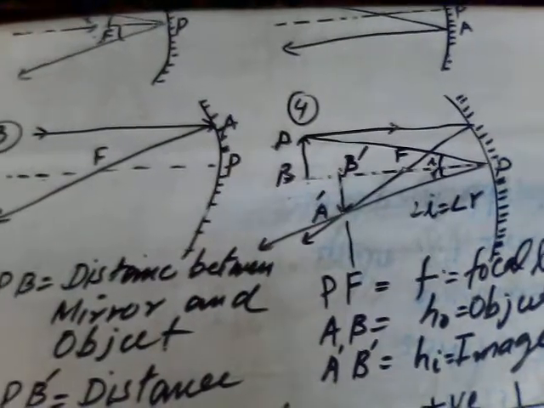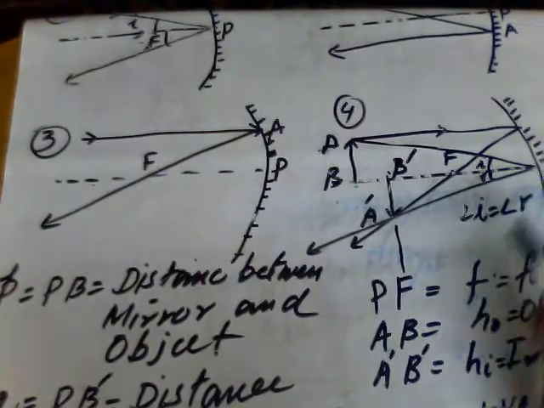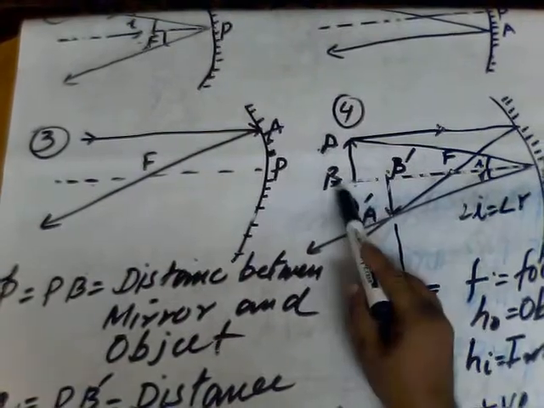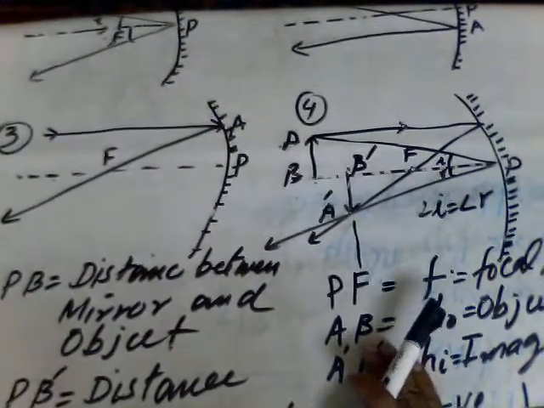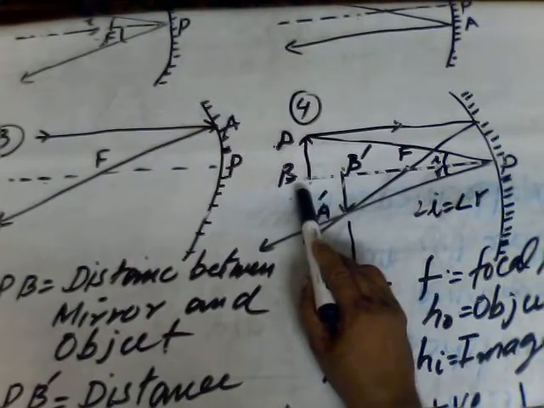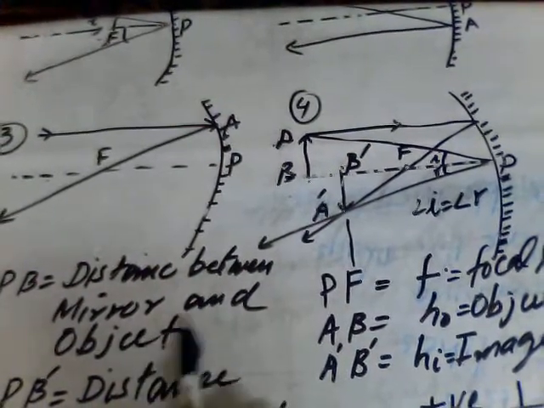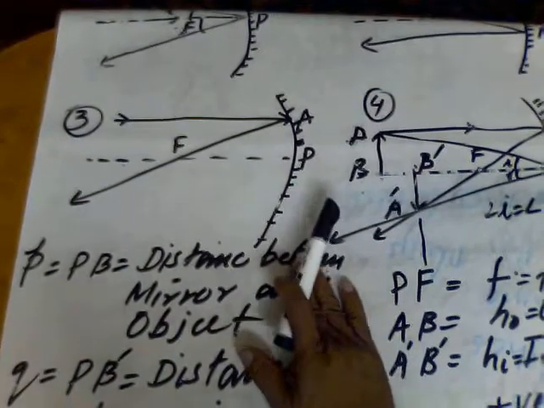Now a few of the terms you must remember by heart. P is the pole, and B is the bottom of the object. The distance between the mirror and the object is always represented by small p.